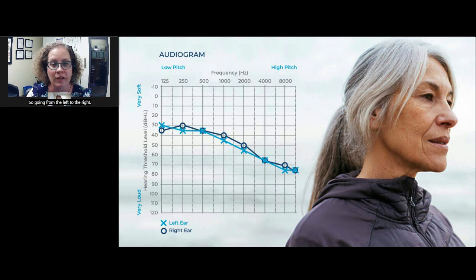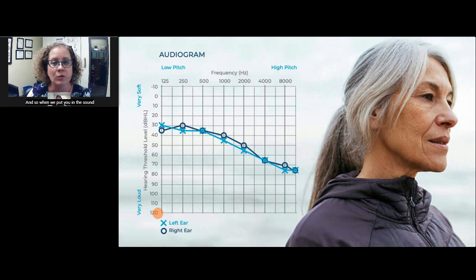So going from the left to the right, it represents the low pitches through the mid pitches to the high pitches. Down the side of the graph is the volume or decibel level. So when you start at the very top, those are the softest sounds, and as you move down to the bottom of the graph, those are the loudest sounds that you can hear.